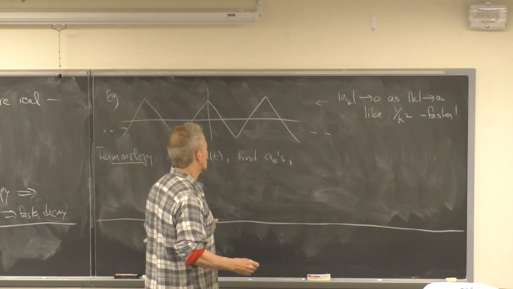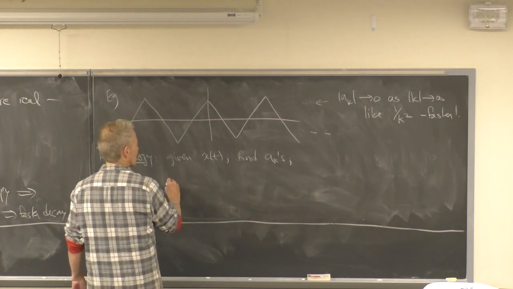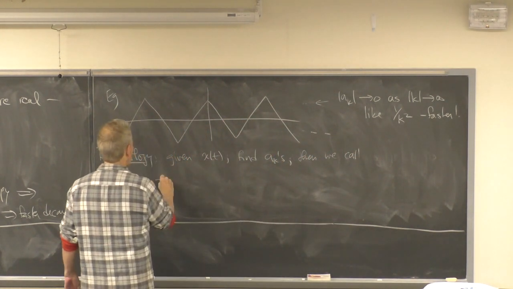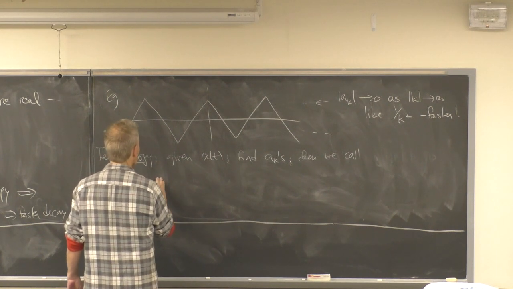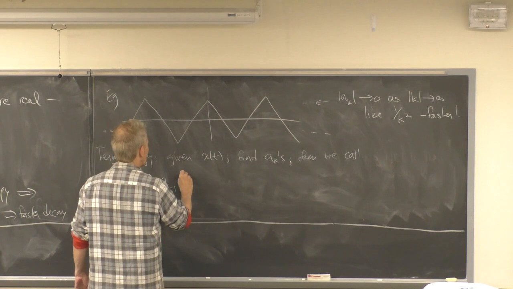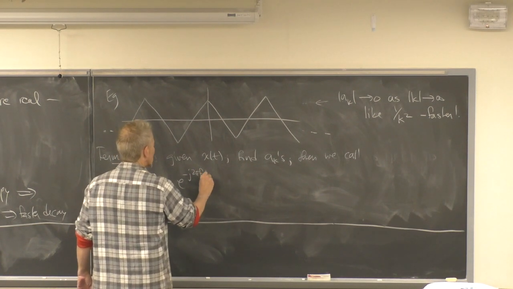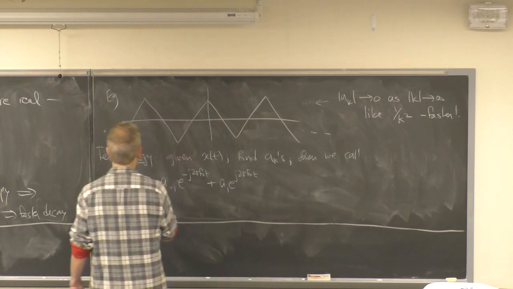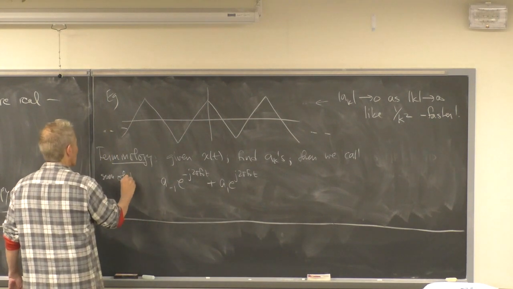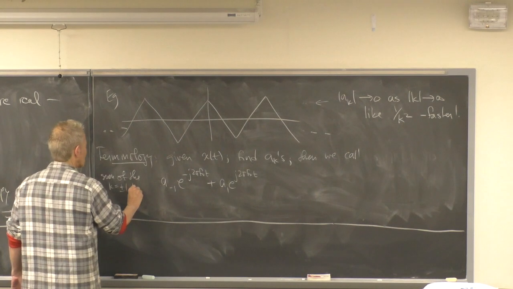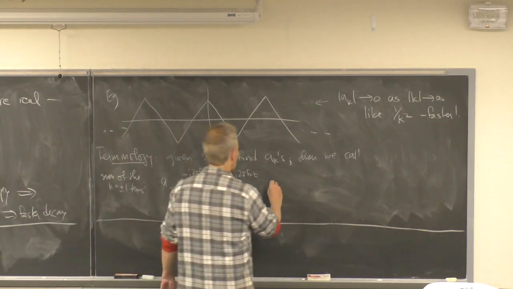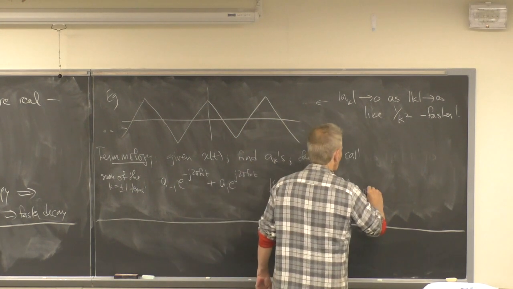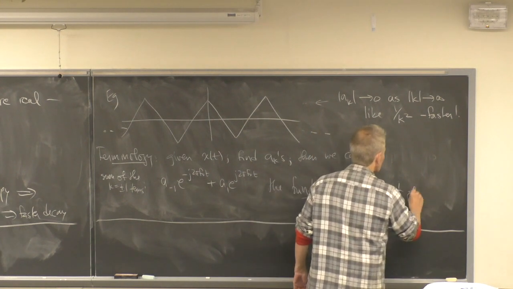If you take the k equals plus and minus 1 terms together, namely a sub minus 1 e to the minus j 2 pi f0 t plus a sub 1 e to the j 2 pi f0 t, the sum of these terms we call the fundamental component of x of t.